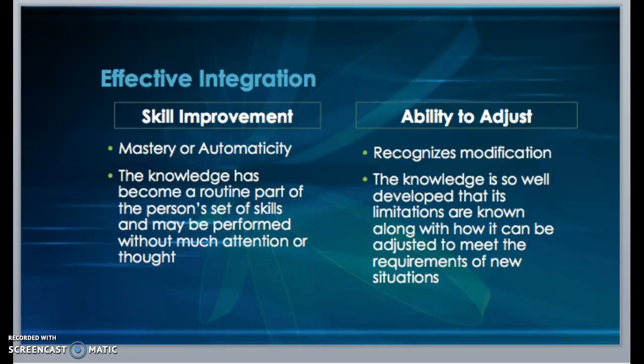Another indicator of effective integration of new knowledge would be the ability to modify or adjust that knowledge to satisfy the requirements of a new problem or situation. This kind of indicator, the ability to modify knowledge to solve new problems, will be relevant for more complex procedures and non-concurrent tasks.